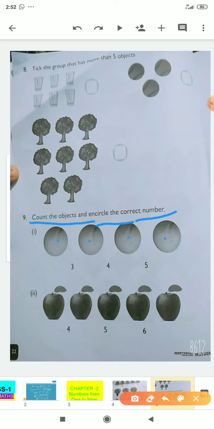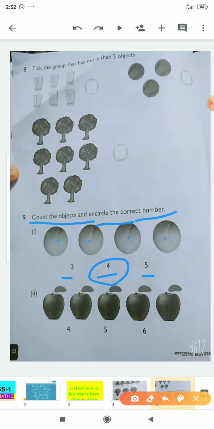Or you can say which number is equal to 4? So here we have 3 numbers, 3, 4 and 5. And what do we want? We want 4. So this is 4 and we have to circle it. Okay. So these are the balls and this is the number. The 4 balls is equal to 4.